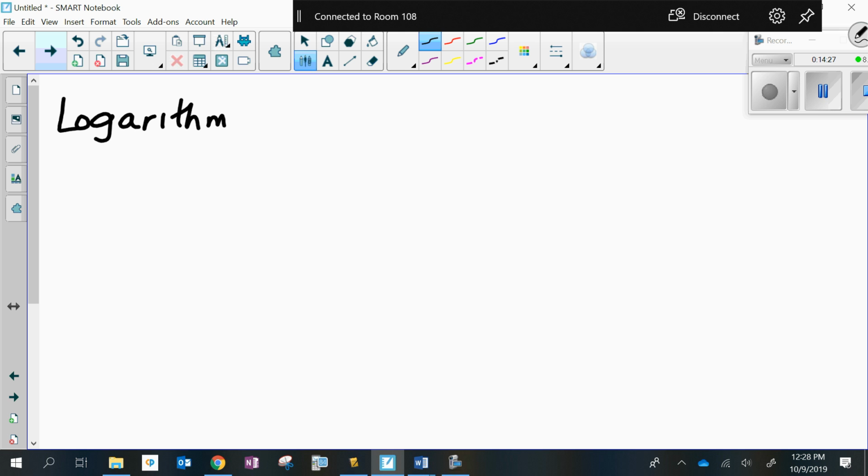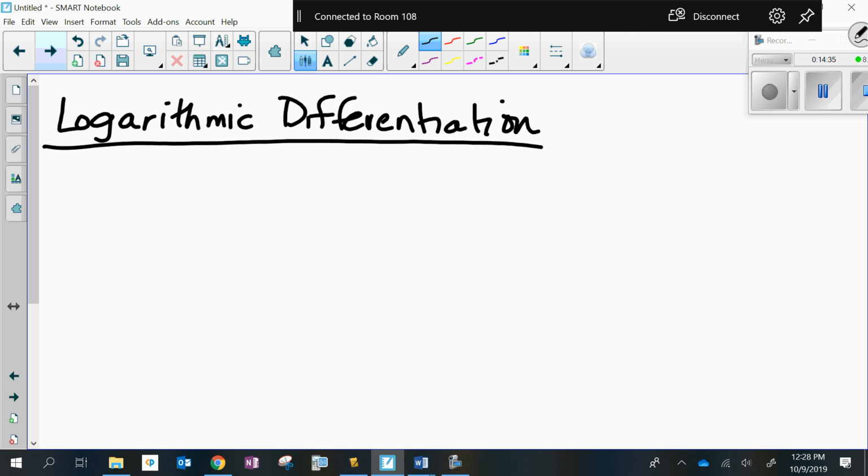All right. This is called logarithmic differentiation. Say that 3 times quickly. Okay, that is not what we've been doing. We have been finding derivatives with logs and natural logs, but that is not logarithmic differentiation. When do we use it?